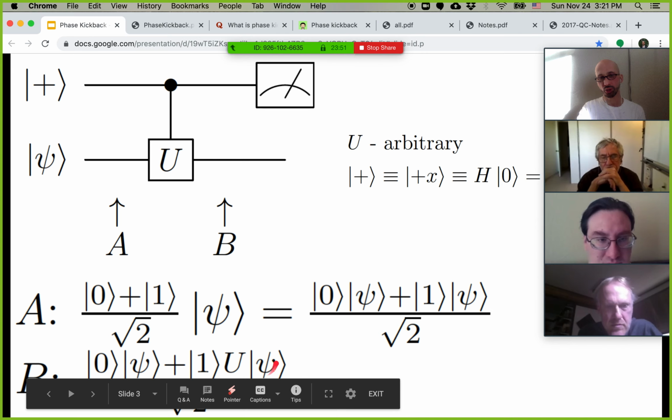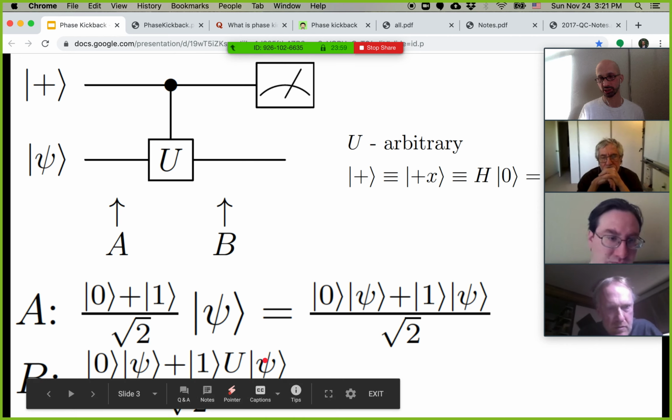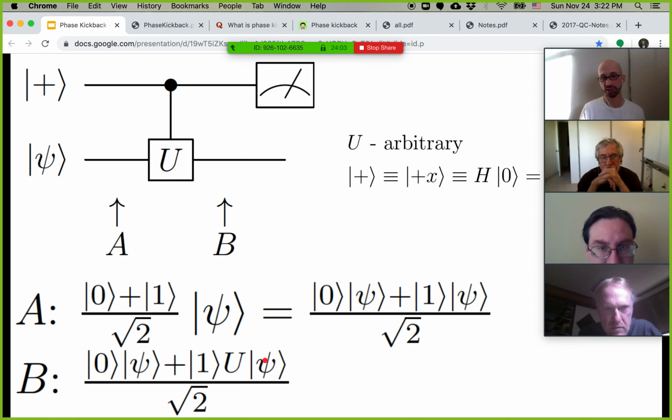After we apply U to psi, we cannot factor psi out anymore, because the result of U psi is some new vector or state.